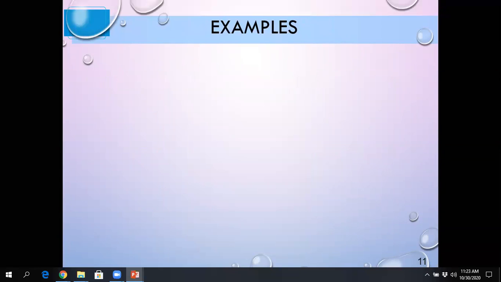Let's do an example. Can you find the equation of a plane through the point 1, 2, 1 with normal vector?